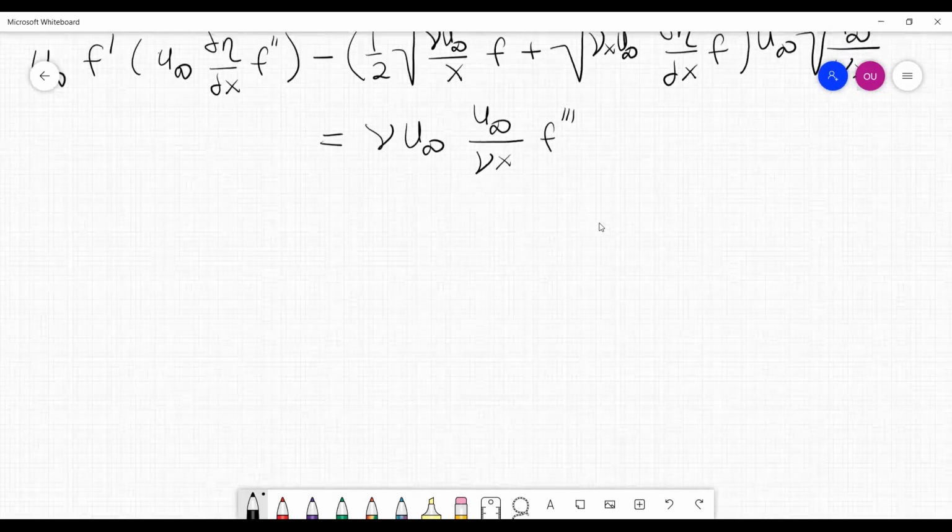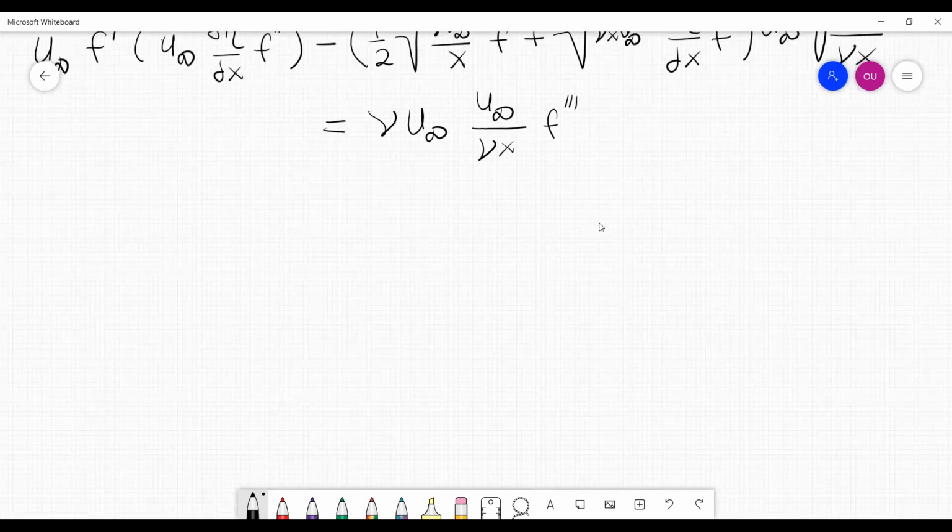We simplify this equation because we can collect many of the constants multiplying with each other.